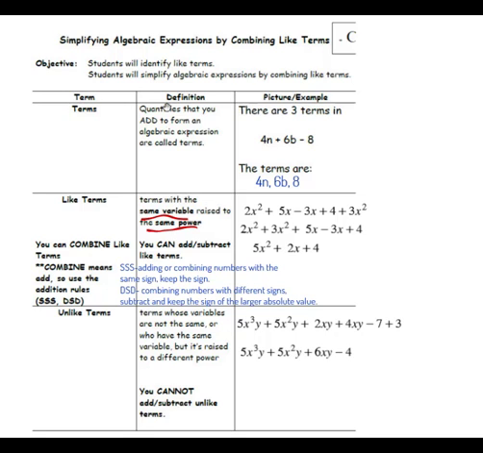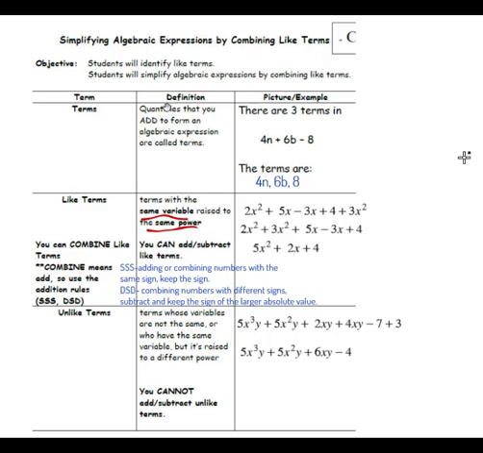The absolute value is the distance of a number from 0. So if you had the number -9, the absolute value of -9 is 9 because it's 9 spaces away from 0. If you had 2, the absolute value of 2 would be 2 because it's 2 spaces away from 0.